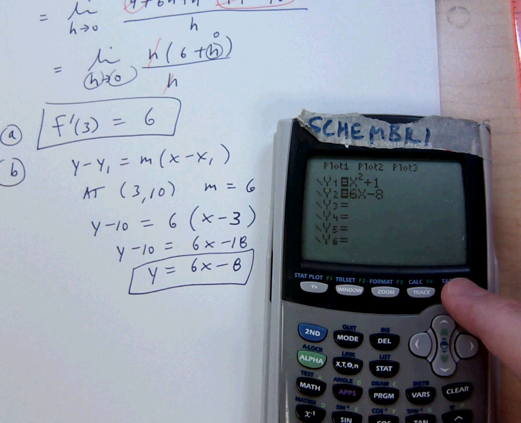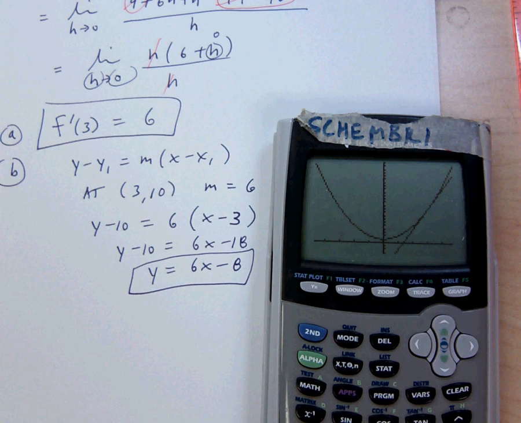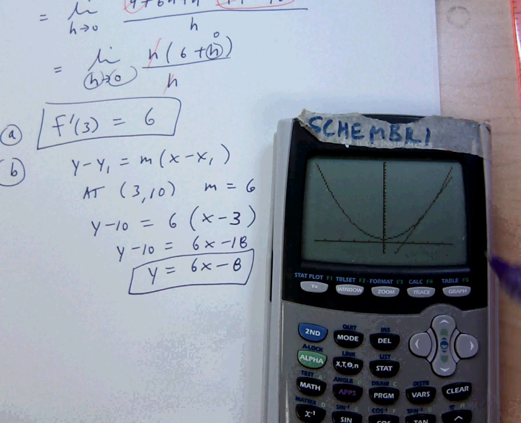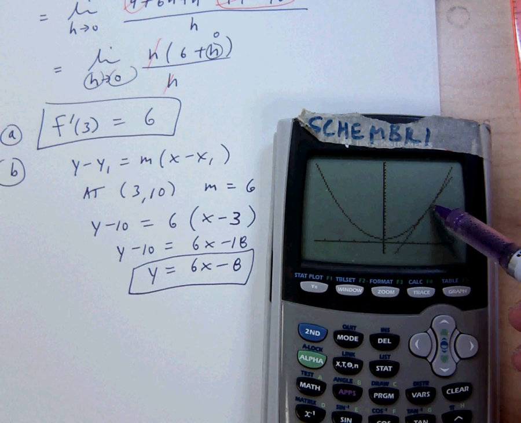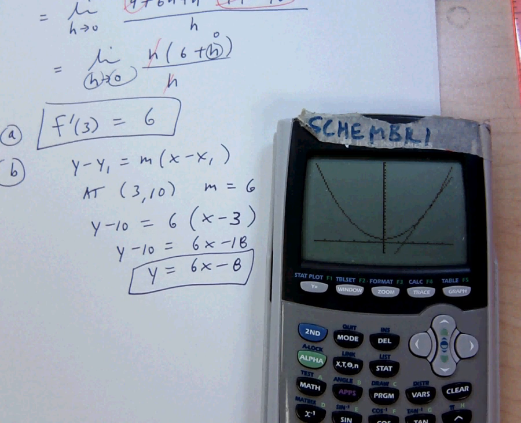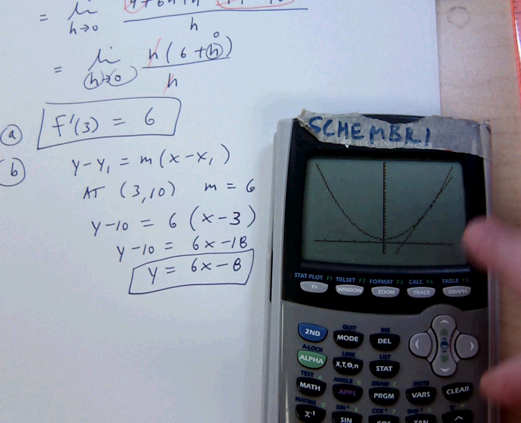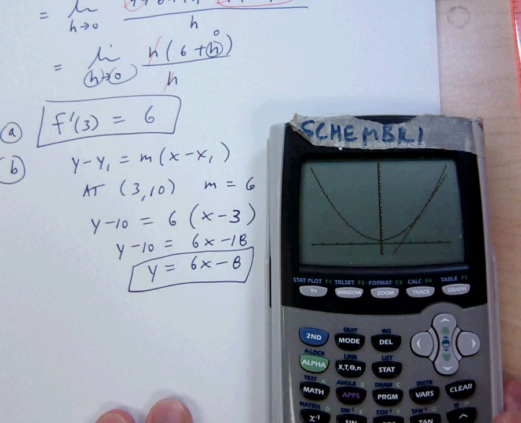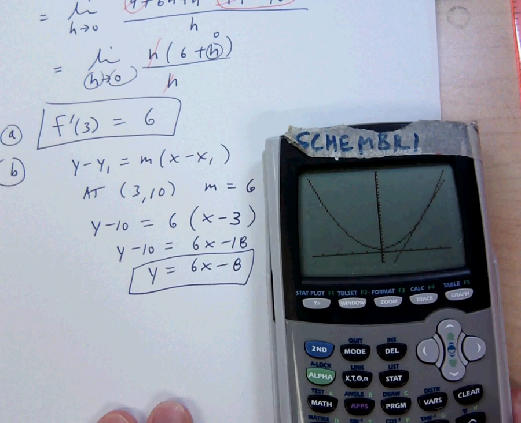There's the original parabola, and sure enough, there's a tangent line right there at the point (3, 10). Got it? Good? Any questions? You have to understand what you're finding. I can't just have you finding stuff without knowing what you're finding. Otherwise, it's pointless, right? So, there it is. Any questions? Okay, let's move on then.